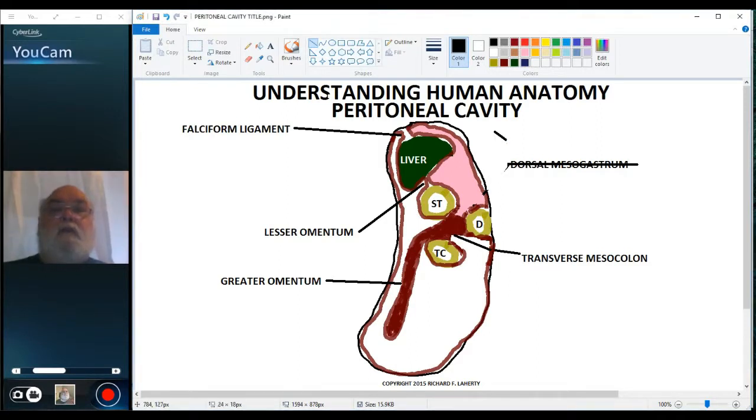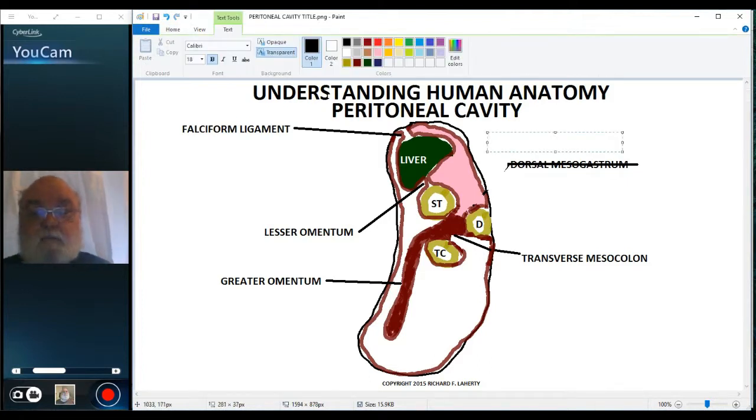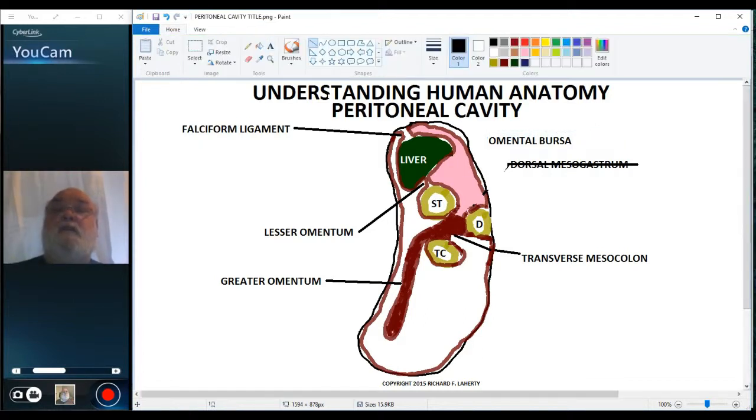And let me add one more label in here just to complete the diagram. The omental bursa, which is the area in pink posterior to the stomach and liver.